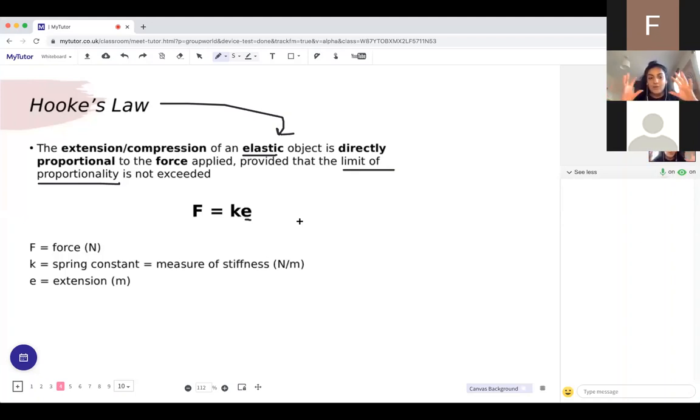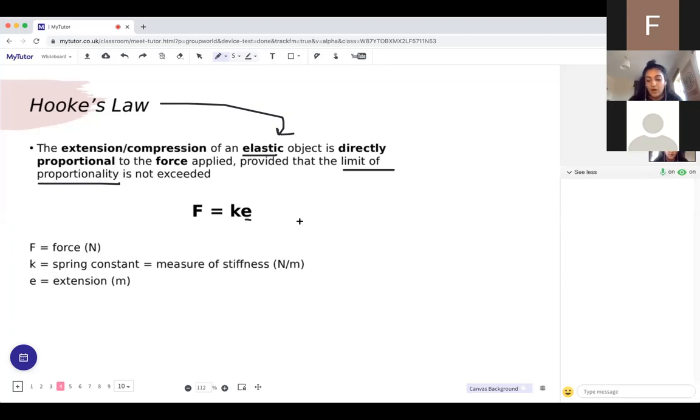Let's say we have an elastic band, we put a force on it and we stretch it a little bit. Then we double the force that we're stretching with, so we pull it out a bit more. That means that the extension is also doubled. So if we double the force, we double the extension. If we halve the force, we halve the extension. They're directly proportional to each other and they change in the same way.